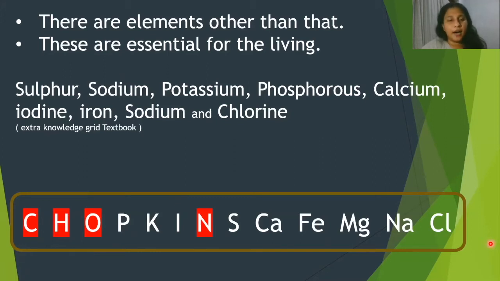It's not very hard. You all have to remember NaCl separately anyway. Na means sodium, Cl means chlorine. So remember those two separately, but this you can pronounce as chop, Kins, Cafe, Meg, NaCl. Hope you all understood that.